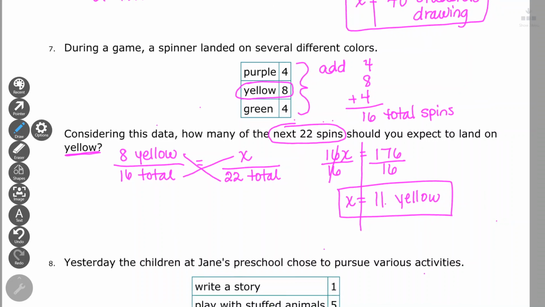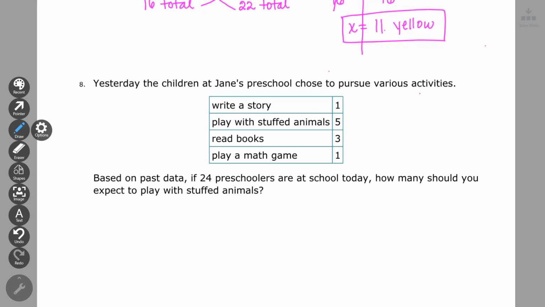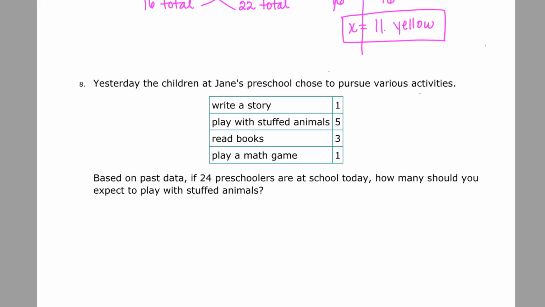All right, let's look at number 8. Yesterday, the children at Jane's preschool chose to pursue various activities. 1 wrote a story, 1 played with stuffed animals, 5 played with stuffed animals, 3 read books, and 4 played a math game. Based on past data, if 24 preschoolers are at school today, how many should you expect to play with stuffed animals?